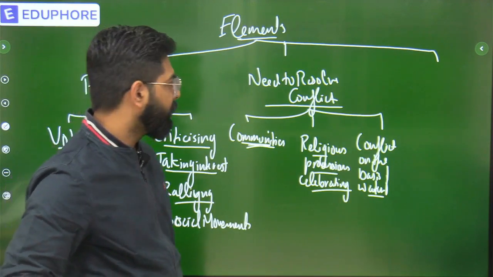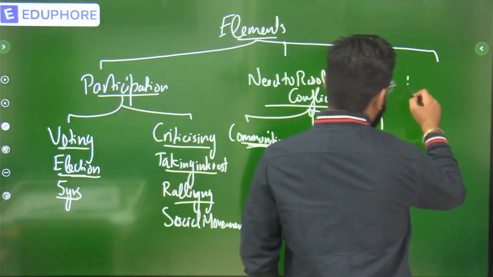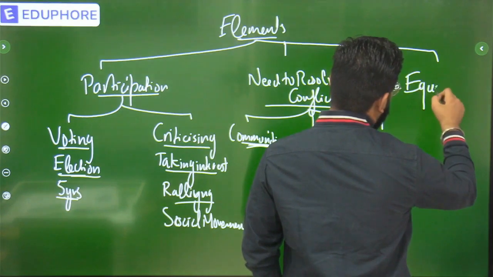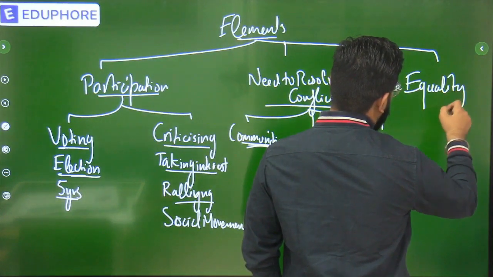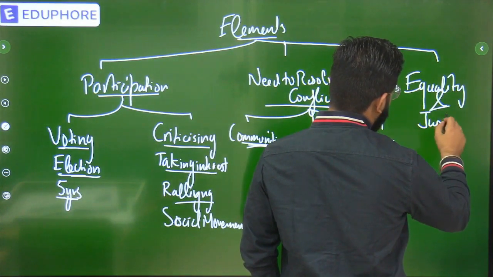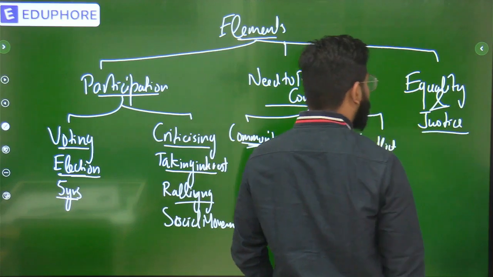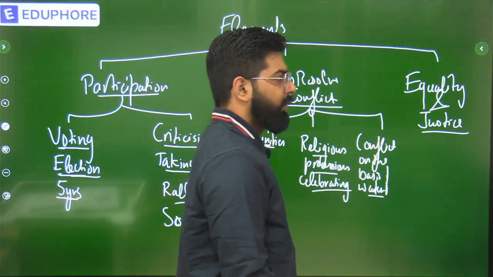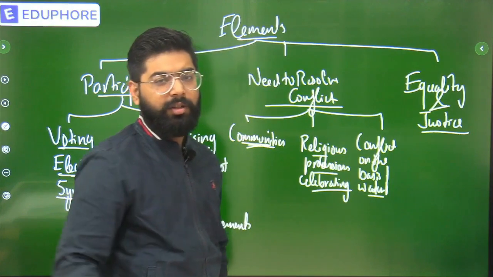The third element of the government is to ensure equality and justice. Now, how can the government ensure equality and justice?